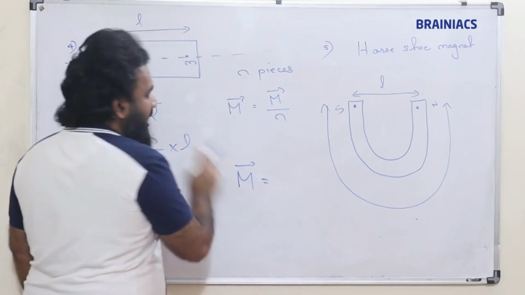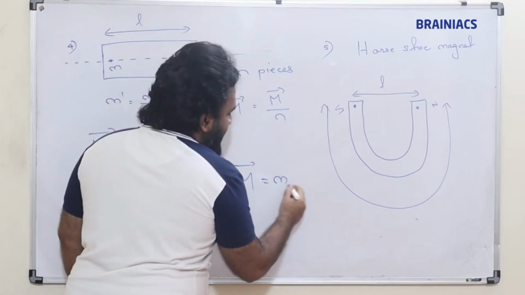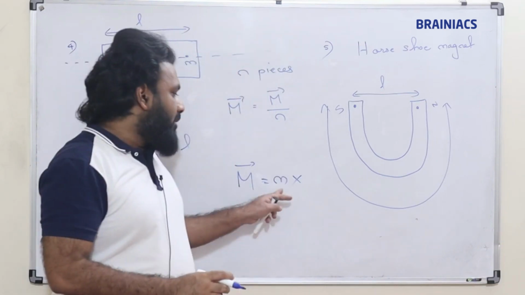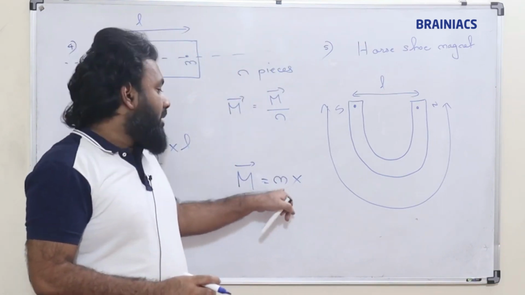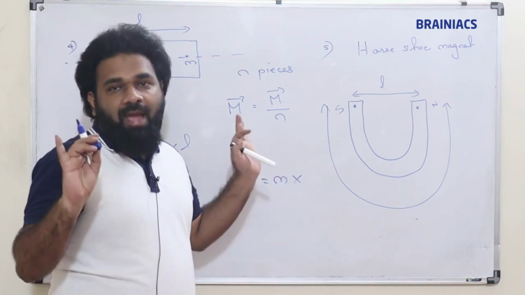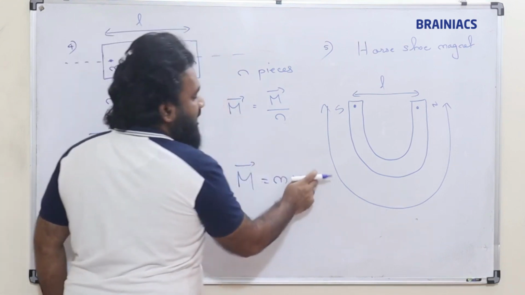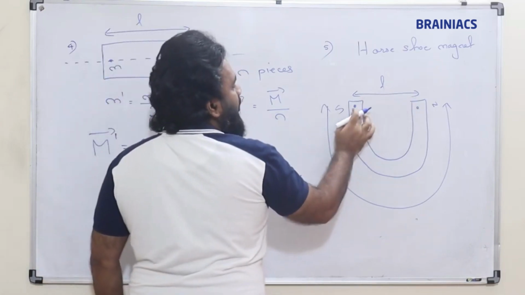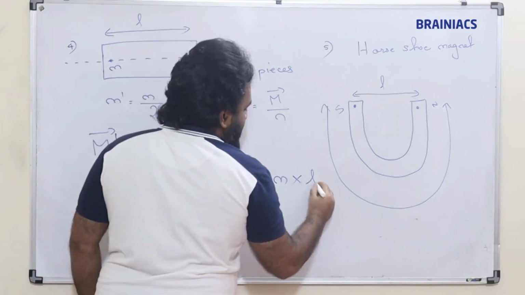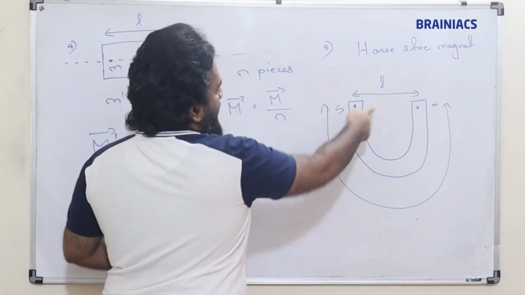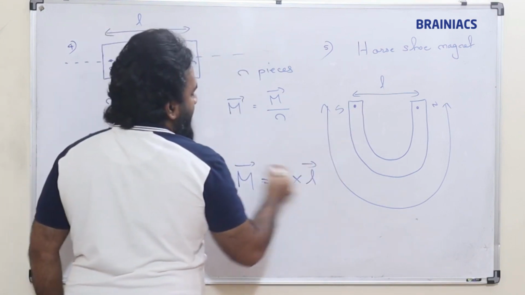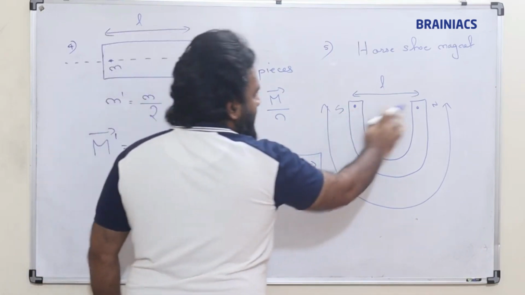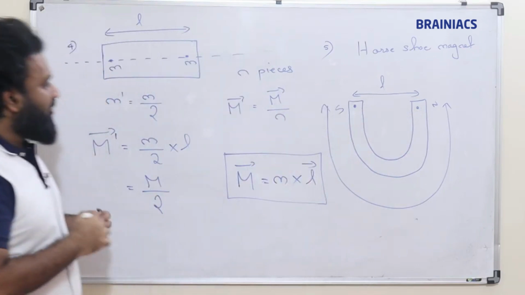Magnetic dipole moment is a vector. Pole strength into length. We don't take any dot product or cross product, simply we are multiplying with a scalar. Magnetic pole strength is simply a value, and here the length is nothing but displacement, so we take it from south to north. So this is the length we are interested in, and with respect to this figure we must remember: pole strength into the displacement between south pole and north pole. That is the fifth point.